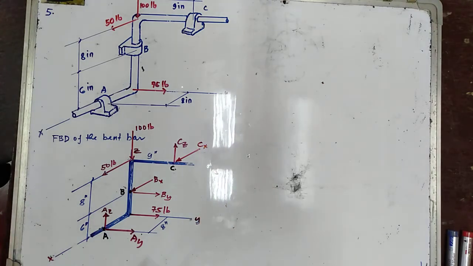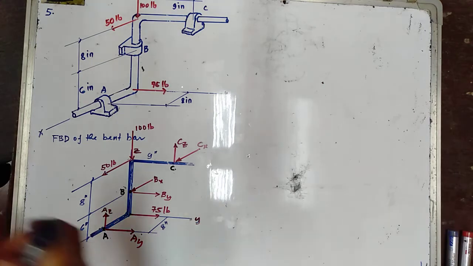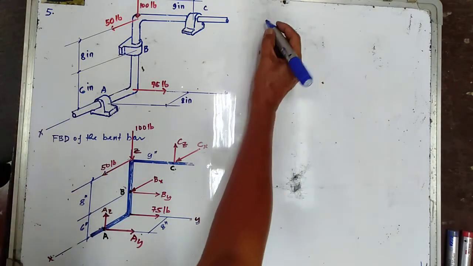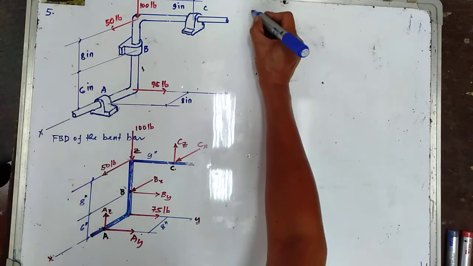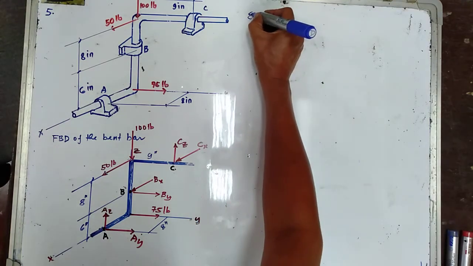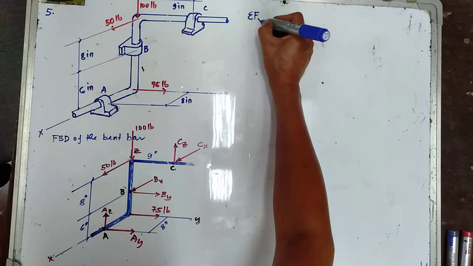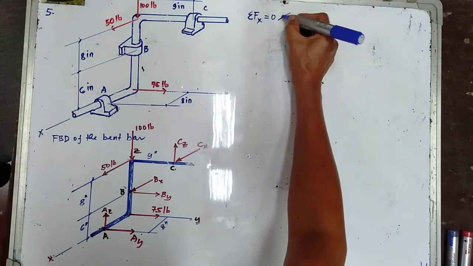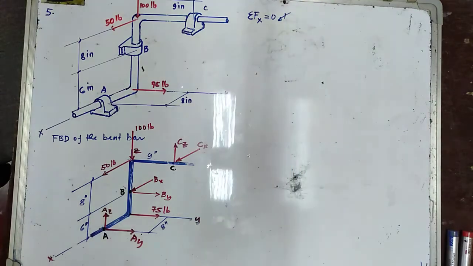Okay, so we now have the forces acting on the free body diagram of the bent bar. Now, if you try to take summation of forces in the direction of X is equal to 0, so we have pointing forward positive.